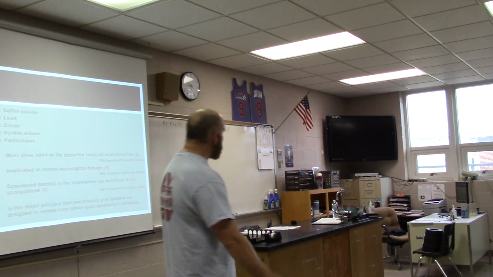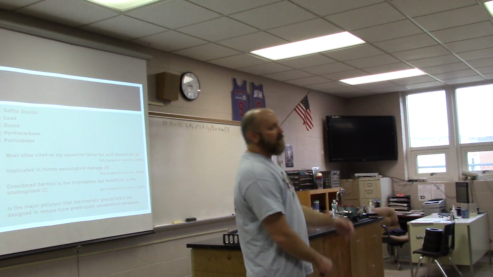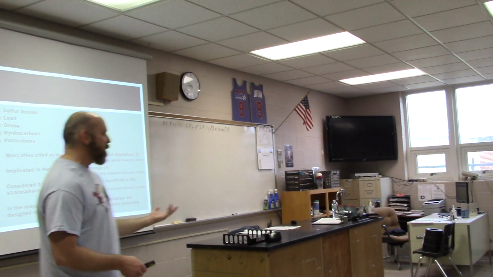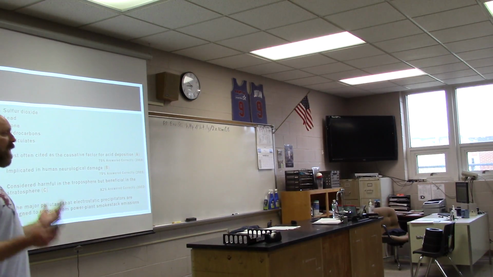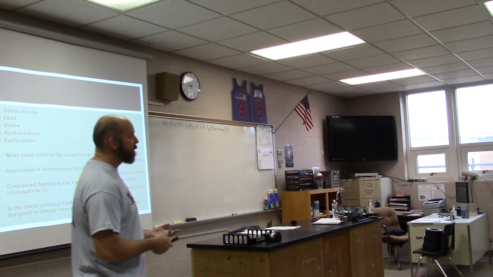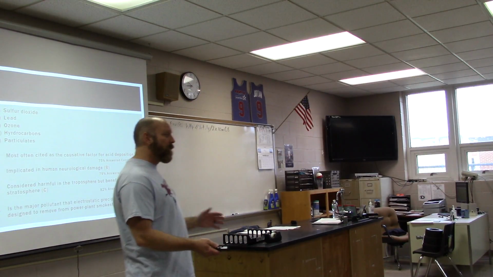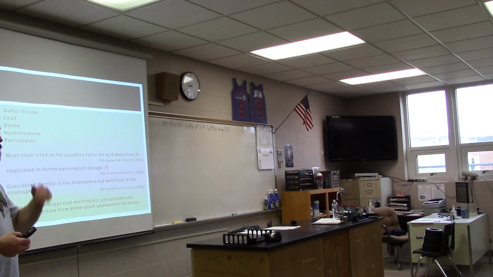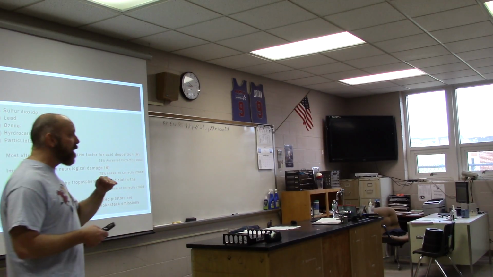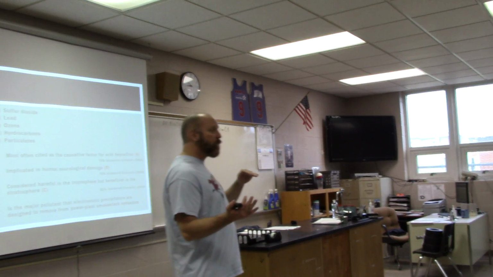So ozone is ozone is ozone. We often will say, well, that's bad ozone, or that's good ozone. Ozone is O3. It's 3 oxygen atoms covalently bonded together. That's all. So ozone is ozone. It's where it is that makes the difference. Because in the stratosphere, where we want it, it's allowing for life on Earth as we know it.